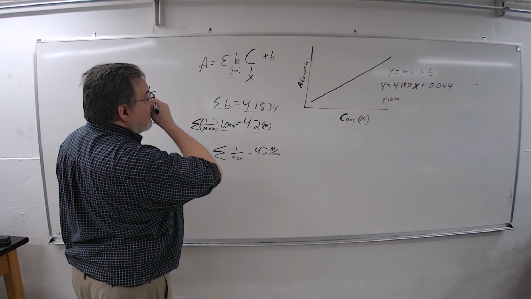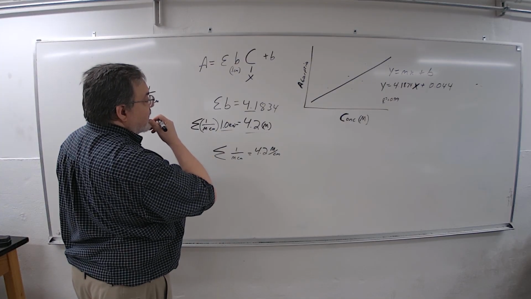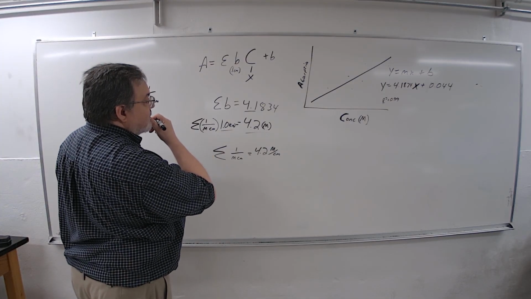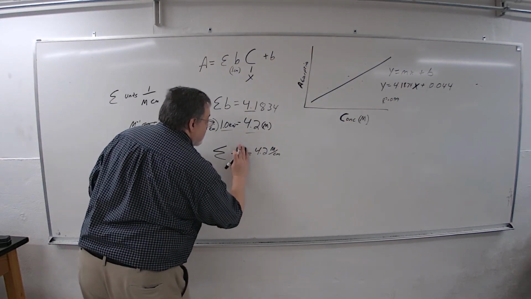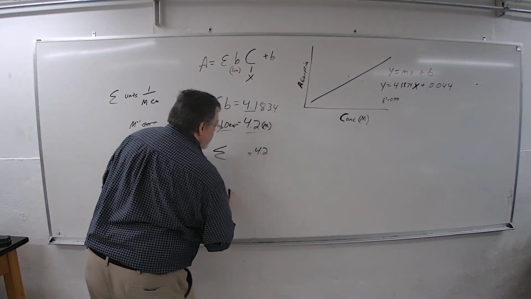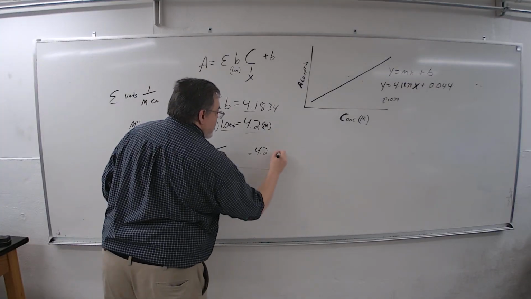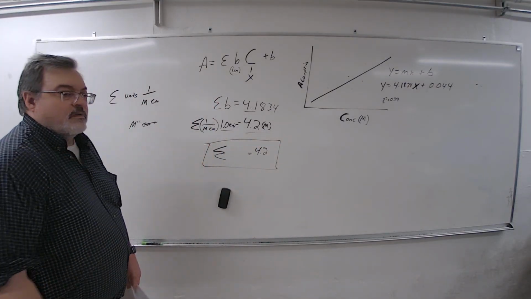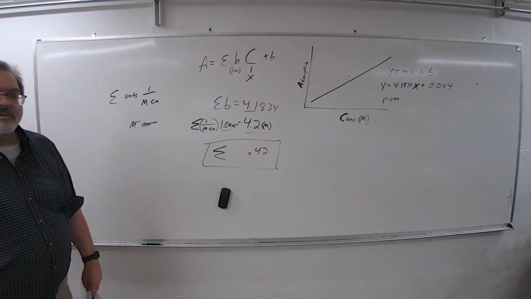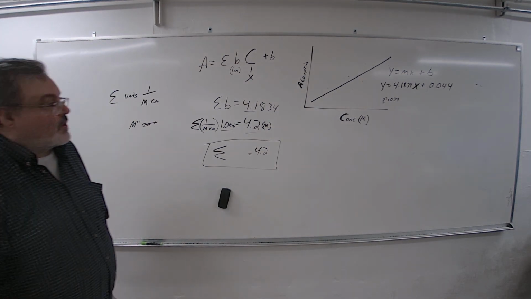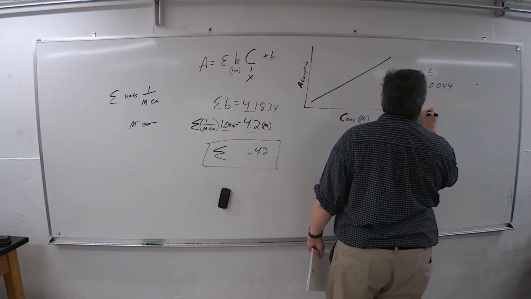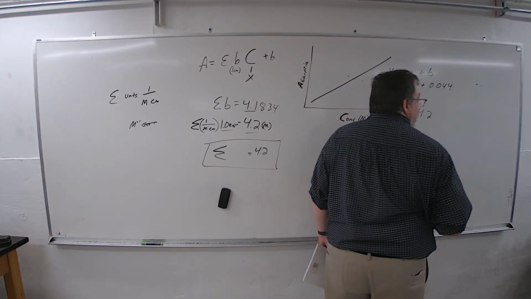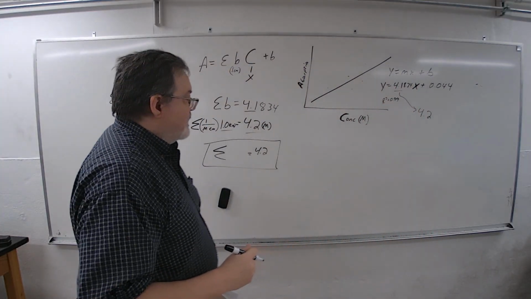Something's wrong. I tried to do the algebra right. Per centimeter. Why do I have that? We did concentration, not 1 over concentration.